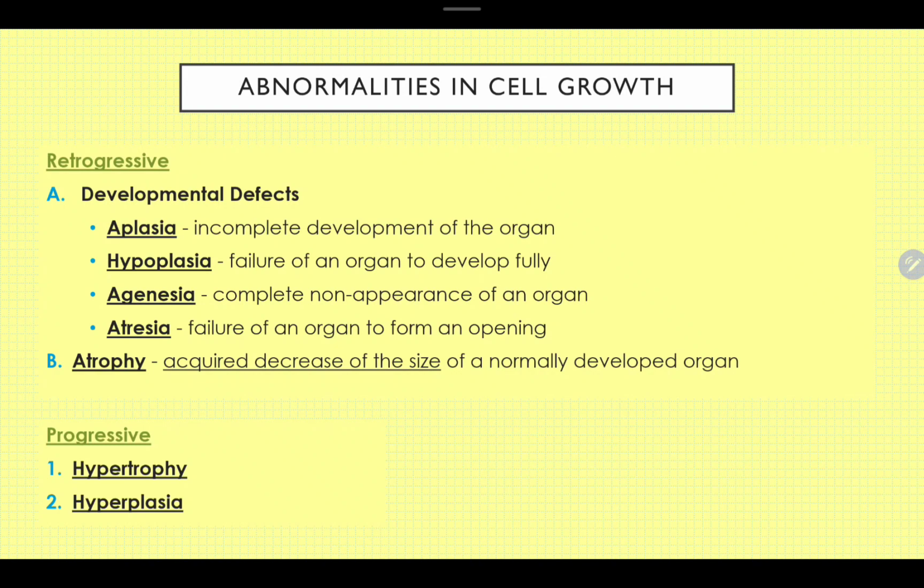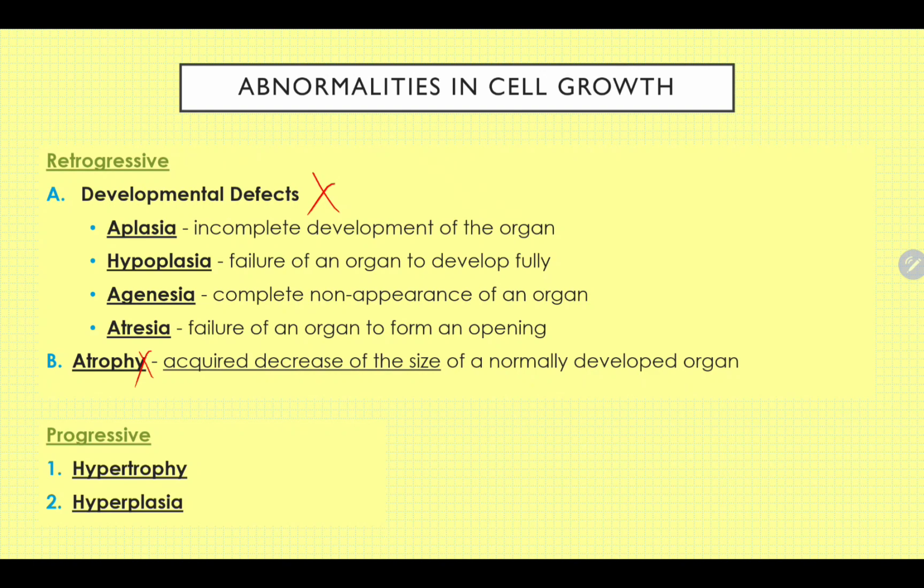Let's start by talking about retrogressive. Retrogressive has 2 categories: developmental defects as well as atrophy. Developmental defects, from the word developmental, means from childhood, from your fetus era, from the moment you were conceived.